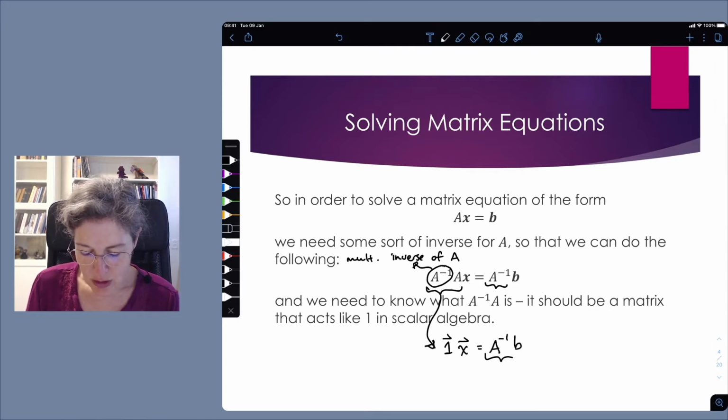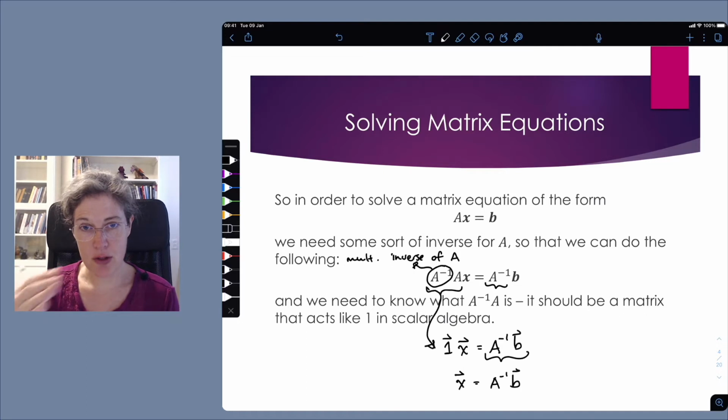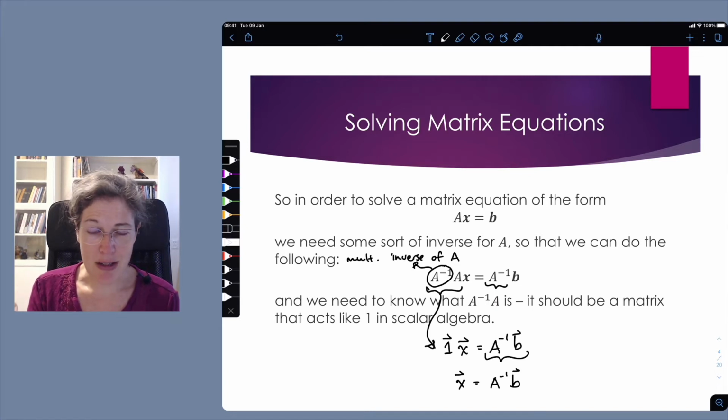Then we can just do this multiplication with our matrix multiplication, and we end up with the vector that we're looking for equal to the inverse of A times b. So that's the plan, and it follows the logic of doing ordinary scalar solving of equations. The two things we need to figure out are: can we find an inverse for our matrix, and can we find some matrix that behaves like the multiplicative identity in scalars?